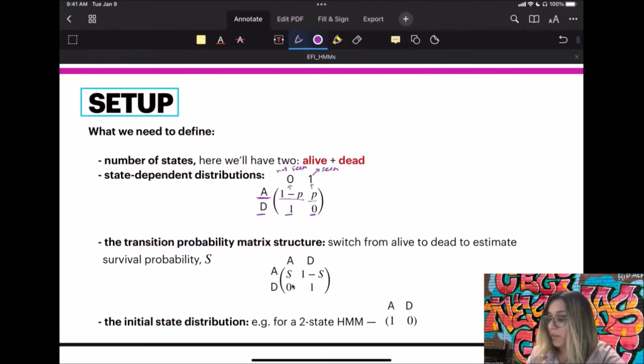The transition probability matrix structure is also different from animal movement in that there's a probability of survival. So the probability S that we want to estimate describes the transition from alive to alive. And with probability 1 minus S, the animal will go from alive to dead.